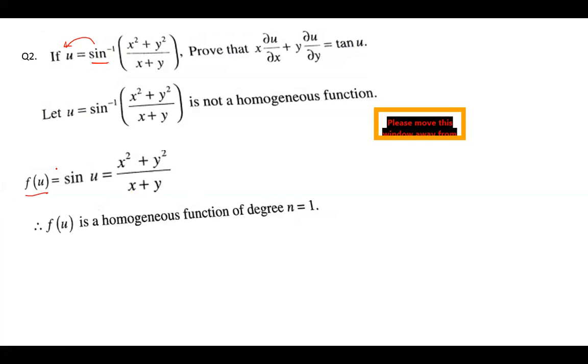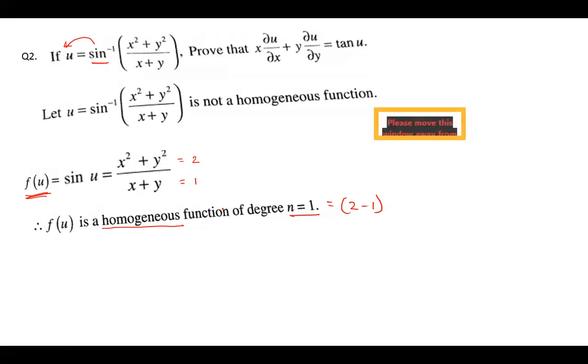So what do we get here? f of u, which is (x² + y²)/(x + y). This is a homogeneous function. What is the degree of the numerator? The degree of the numerator is 2, the degree of the denominator is 1. So finally, the degree of f of u will be 2 minus 1, which is 1.